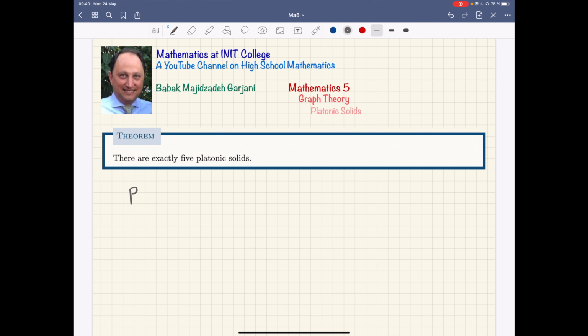Let us consider this P, the regular polyhedron. And let me consider the associated graph G. Let us consider G is the associated corresponding planar graph to this.